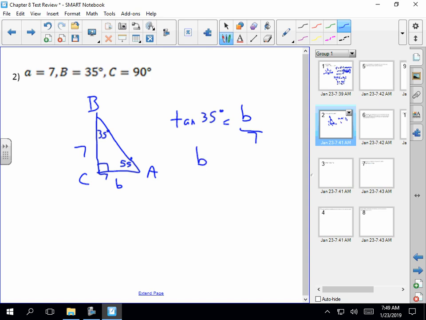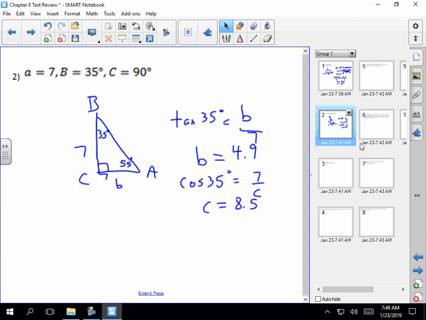And so b will equal, in your calculator, about 4.9. And you could use the Pythagorean theorem, or you could use another trig setup like cosine of 35 degrees equals 7 over C, and then solve for C. C should be about 8.5. So just a little bit of right triangle trig on that one.